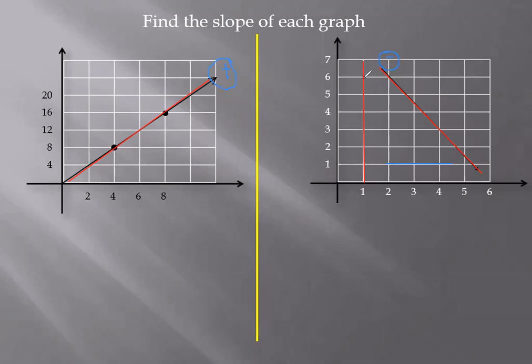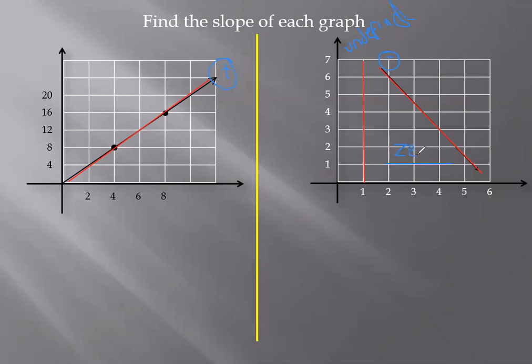If it is parallel with the y-axis, the slope is undefined. And the last one, this one, is equal to 0.